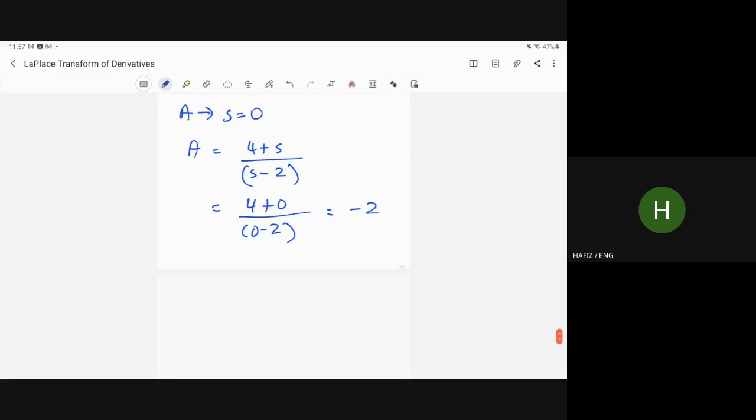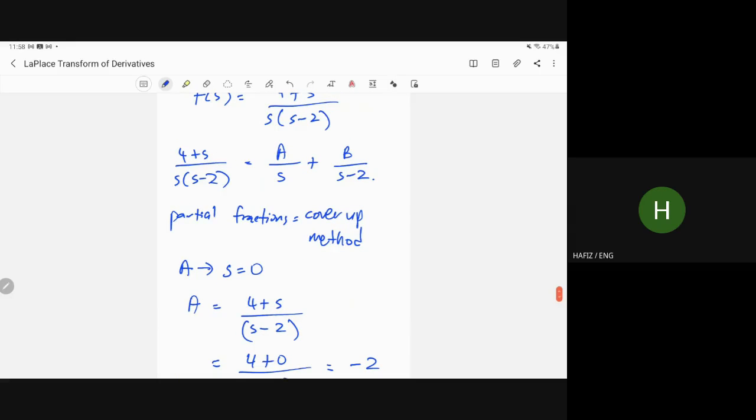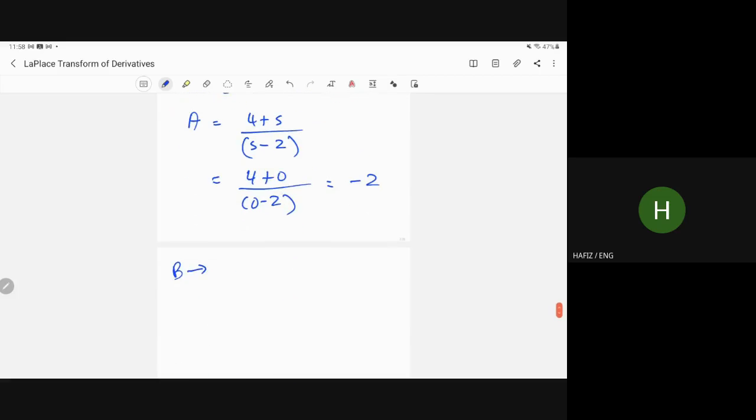And now for B, we see that B is over s minus 2. So if we change s to 2, it will become B over 0 again. So that is what we set. So s will be equals to 2.